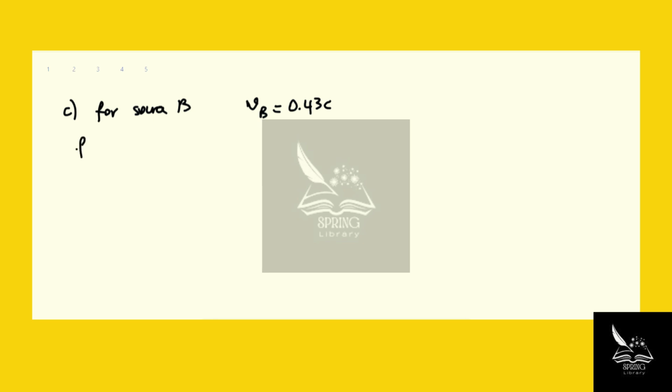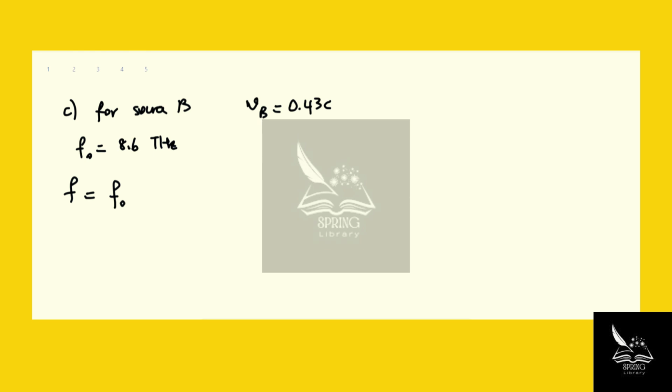We know f naught, it was given to us as 8.6 terahertz, and now we are to calculate the frequency, assuming that it is not moving away from the detector, but towards the detector.